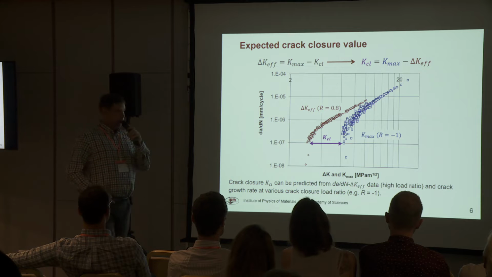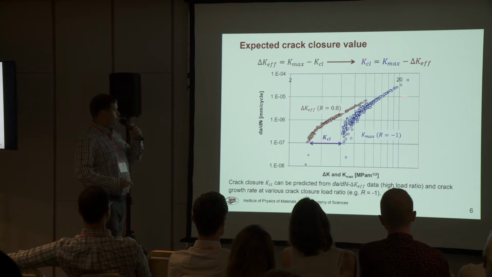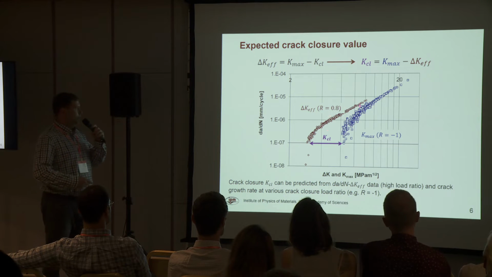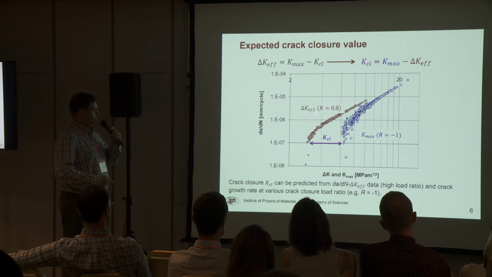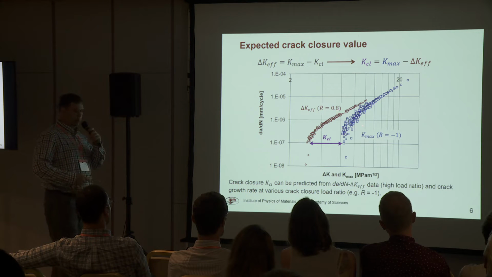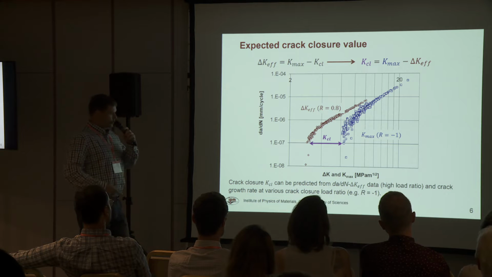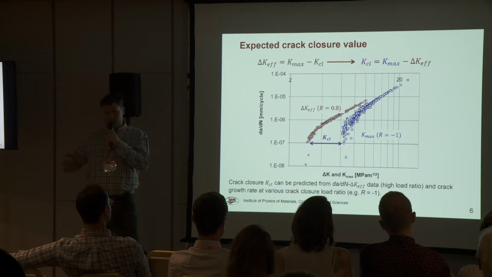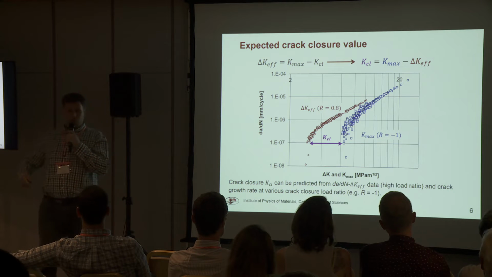The first way how we can estimate the crack closure level is when we have some experimental data which are determined at a very high load ratio, as for example 0.8, when such a high load ratio means that there is no crack closure at all.